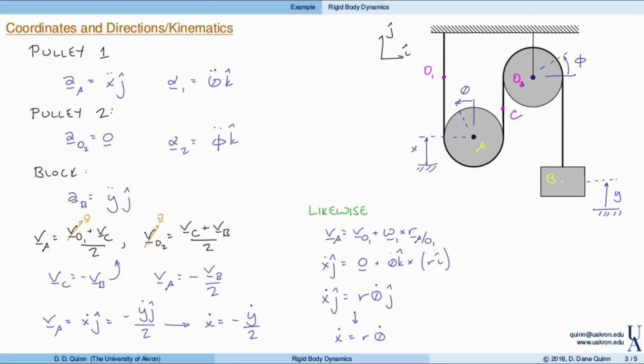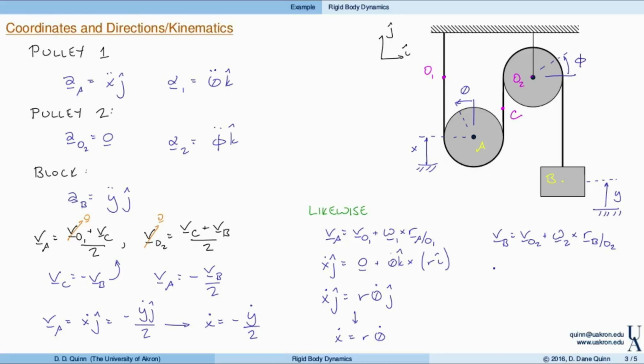So now, on pulley 2, we can relate the velocity of the center of the pulley to the velocity of a point on the right of the pulley, which is identical to the velocity of the block. Right, so we'll identify this point as the velocity of B. And so the velocity of B is the velocity of the center of the pulley plus the angular velocity of the pulley cross the position of B with respect to O2.